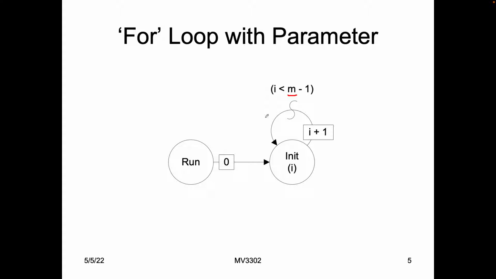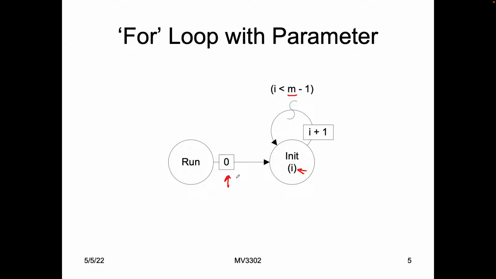A way to implement that is to define an event, and I'm going to call it init. You can call it whatever you want, but it's going to have an argument, which I'll call I. If you remember, I is a very common variable used as the index for a for loop. So that's kind of by design. The idea here is that run will schedule init, passing it a constant 0, because this is like the initialization piece of a for loop.